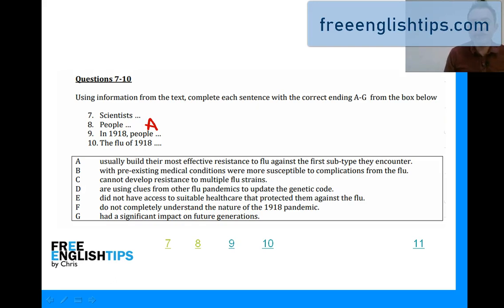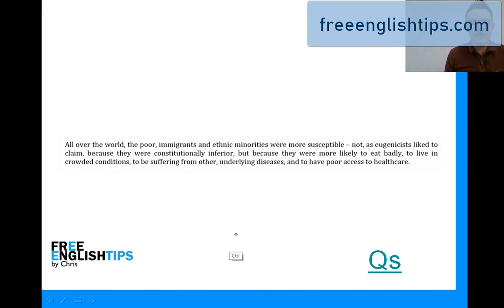People with pre-existing medical conditions were more susceptible to complications from the flu. That seems quite logical to me, but we have to find the place in the text where it says that. Where did it say that in the text? It says it right here.